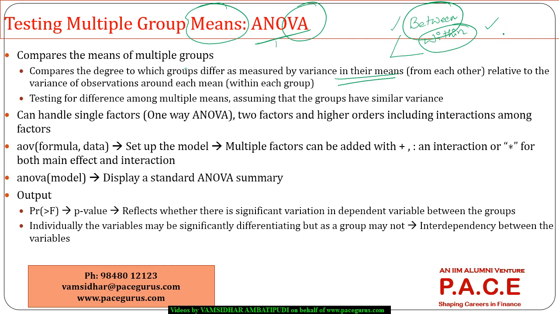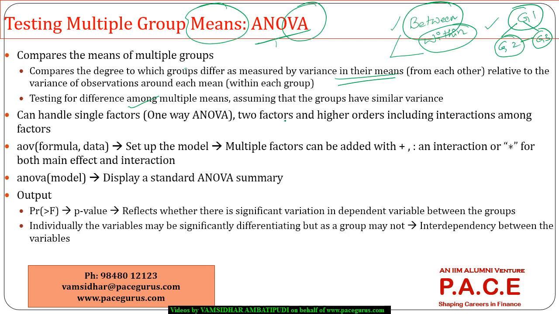So if I'm looking at group 1, group 2, group 3, it looks at the variance in the means from each other versus the variance of the observations within each of the groups. And when I'm talking of group here, it could be based on one single factor, in which case it is called one-way ANOVA.